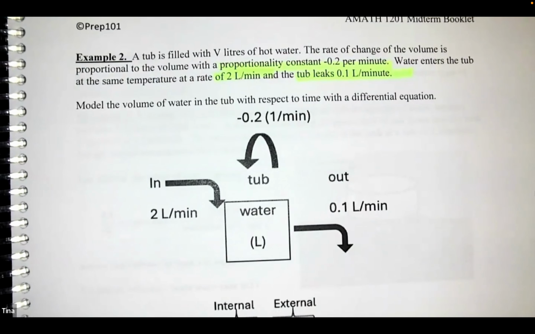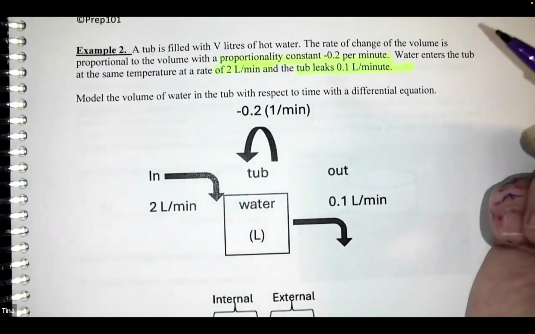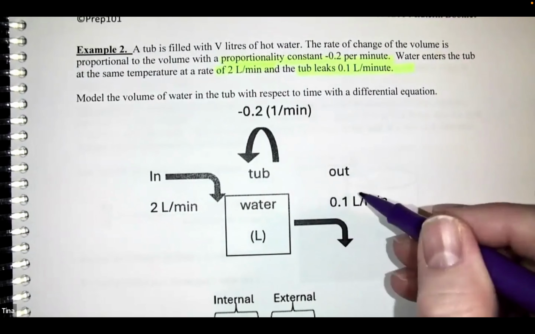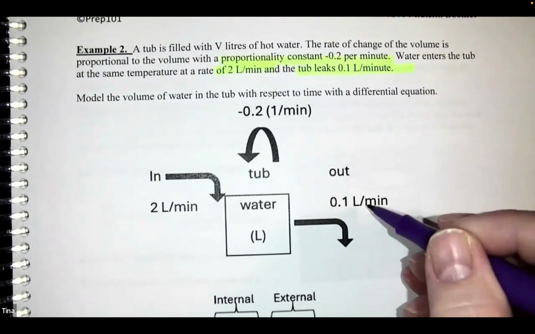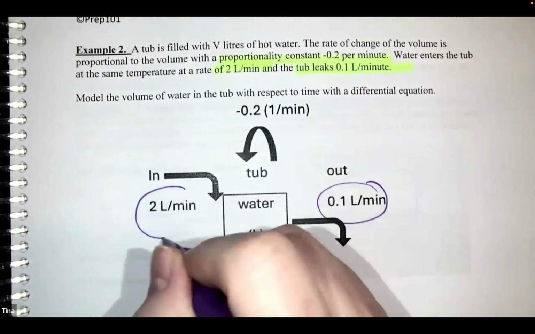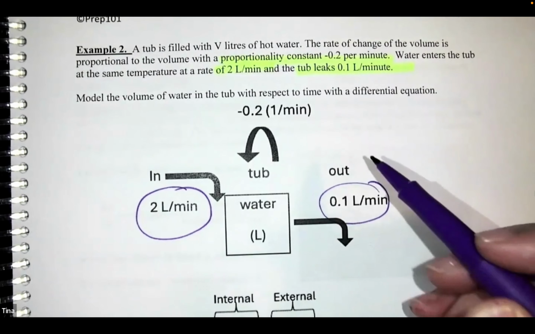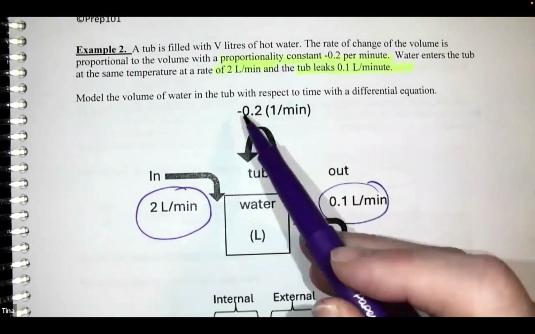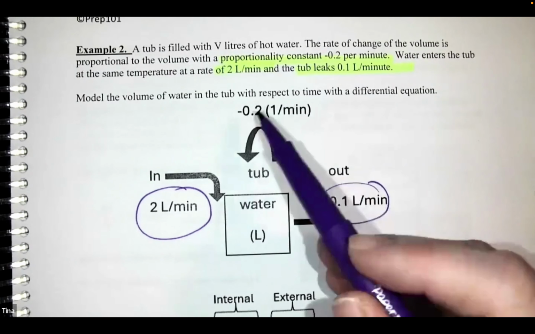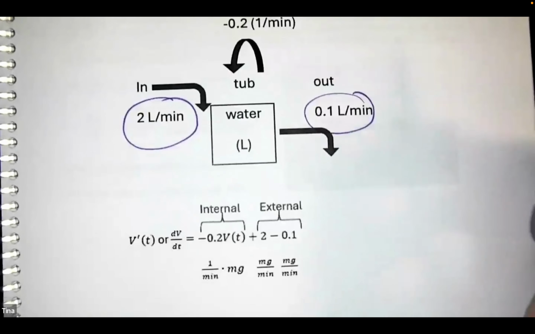So model the volume with a differential equation. Basically it's leaving at 0.1 liters per minute, going in at 2 liters per minute, and it starts with so many liters. And then this is the proportionality constant, so the rate of change of the volume.